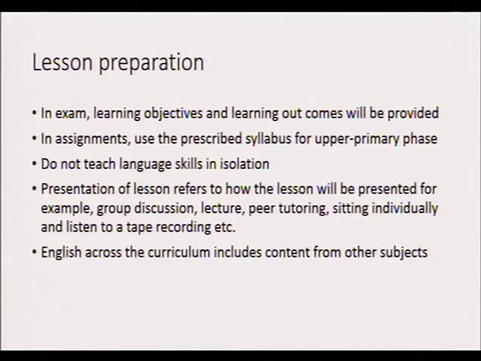When you are planning your lesson, make sure that you don't plan to teach one skill only at a time. You can integrate up to 4 skills in a lesson, and the 4 skills are reading, writing, speaking, and listening. So you can either pair up listening and writing or listening and speaking, but don't only teach one skill.